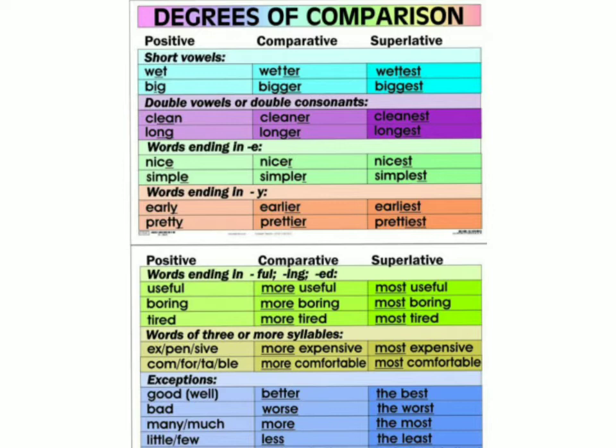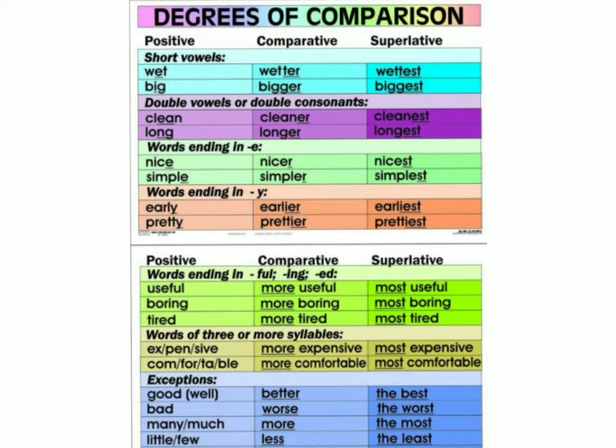Another condition, that if a positive degree adjective has a double vowel or double consonants, so we add er in comparative and est in superlative degree, like clean, cleaner, cleanest.